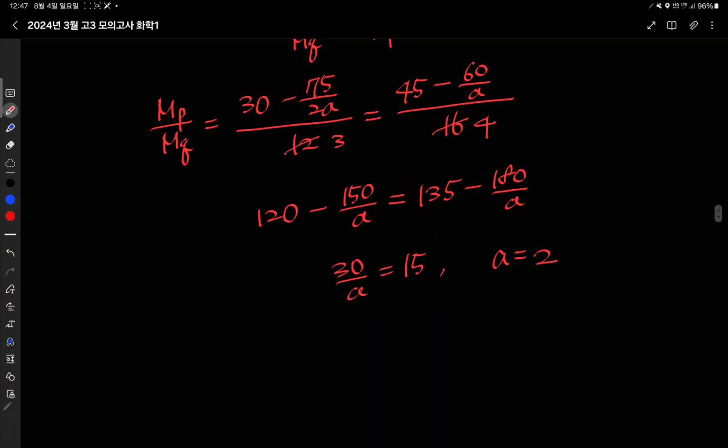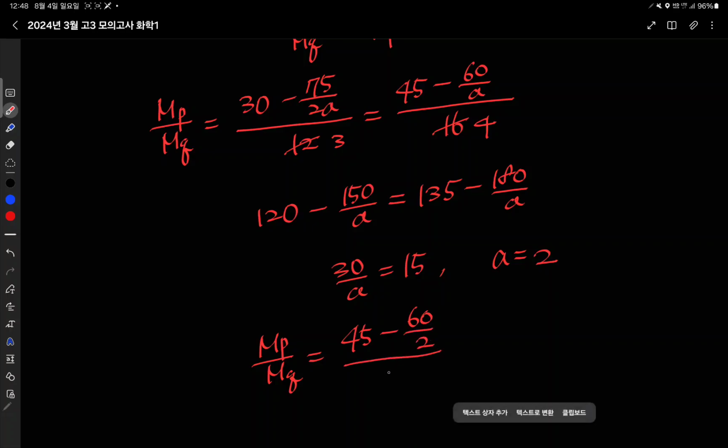And if A is 2, MP over MQ is (45 minus 60 over 2) divided by 16. So 15 over 16 is the ratio between MP and MQ.